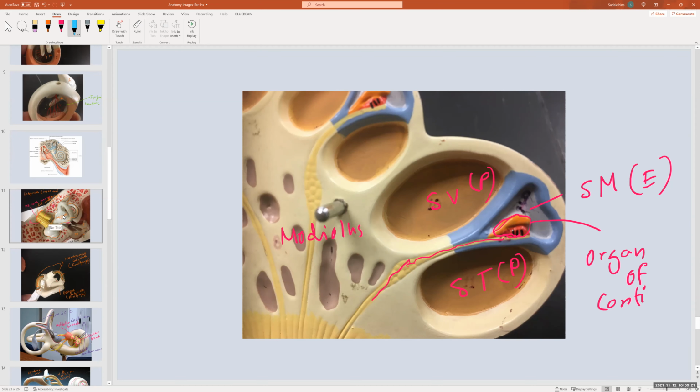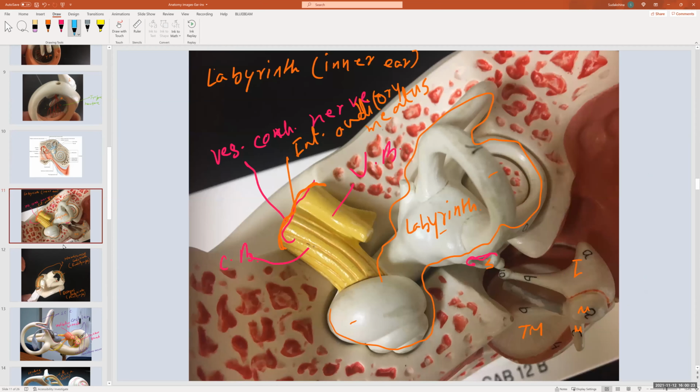As a result, stapes vibrates. When stapes vibrates, it vibrates the secondary tympanic membrane through the oval window. On the other side of the oval window, we have scala vestibuli.